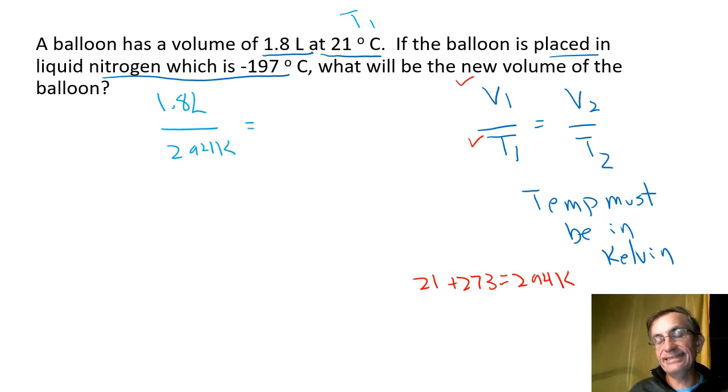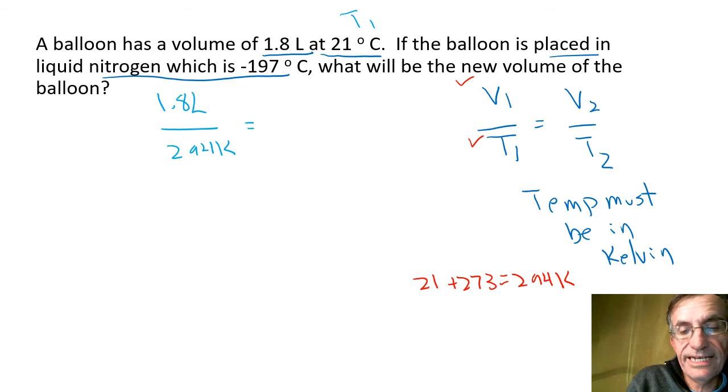Now, on the right-hand side, that's where you always put your new conditions. The balloon is placed in liquid nitrogen, which is negative 197 Celsius, so that's going to be my new temperature. Again, make sure you put it into Kelvin. How? You add 273 again.